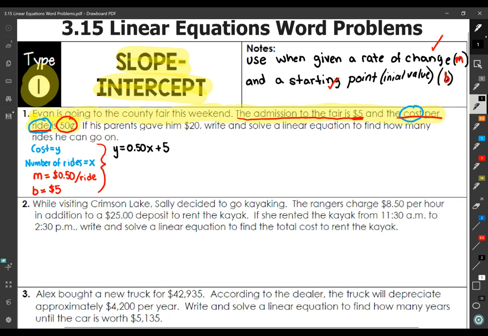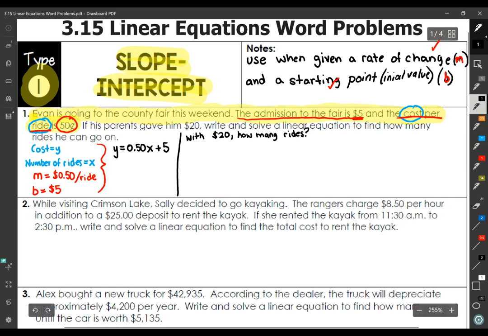Now we're going to solve the equation, so we move on to part 2. His parents give him $20. So with $20, how many rides can he go on? We're given the cost he can spend, but we don't know how many rides he can go on. Which of the two variables are we given?